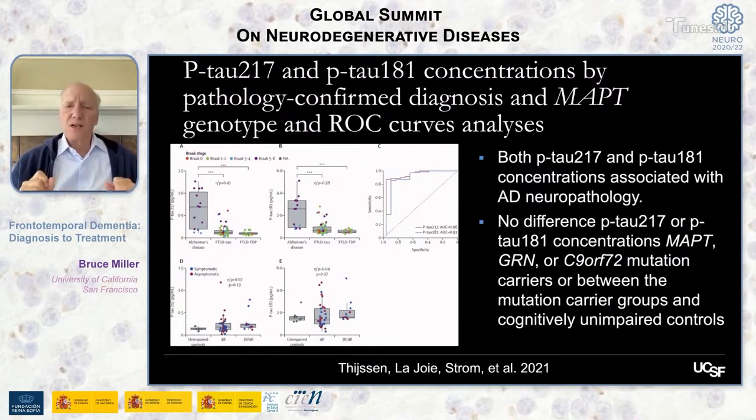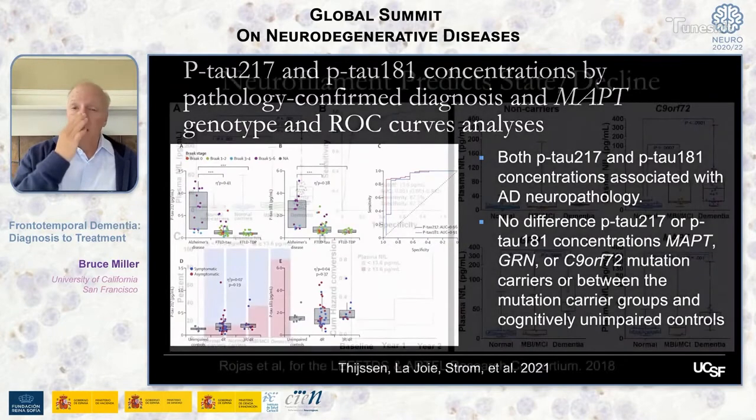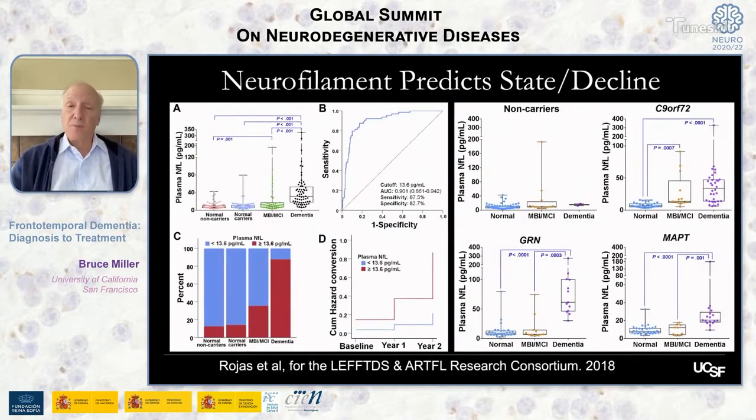But stay tuned. I think we are moving in the direction of more specific biomarkers in the blood, also PET biomarkers that will really change our ability to diagnose and follow progression. Neurofilament looks like it's going to be a powerful biomarker for clinical trials. This is beautiful work by Julio Rojas at our center, many collaborators.